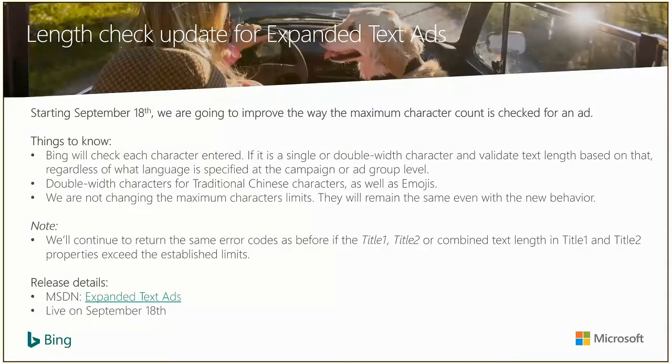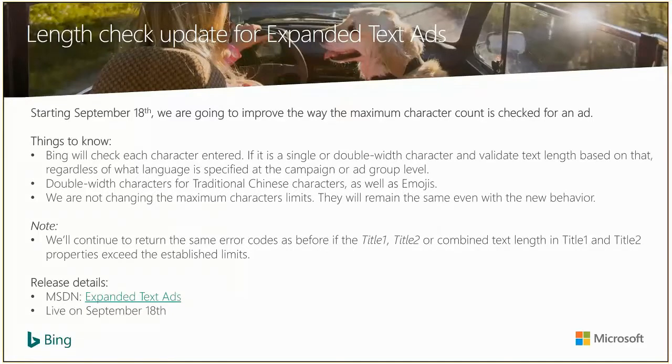Now we are using another method, where each character you enter for your ad counts as its own character length. This was a trouble before if you used, for example, traditional Chinese with English characters: if you set your settings to traditional Chinese, we were diminishing how many English or Latin characters you could use. So now we are fixing this, and I will show an example in the next slide.